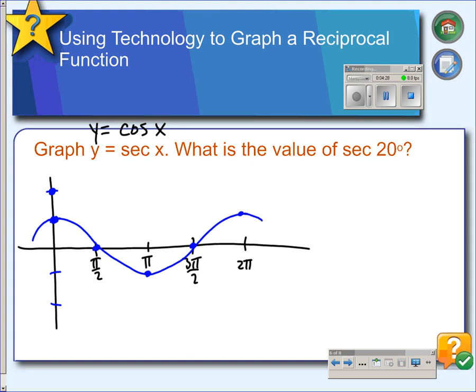So again, the secant is the reciprocal of the cosine. So anywhere where the cosine equals 0, the secant is going to have an asymptote. So we have asymptotes in here. And similar to the cosecant, the secant ends up having these curves that go towards the asymptotes.